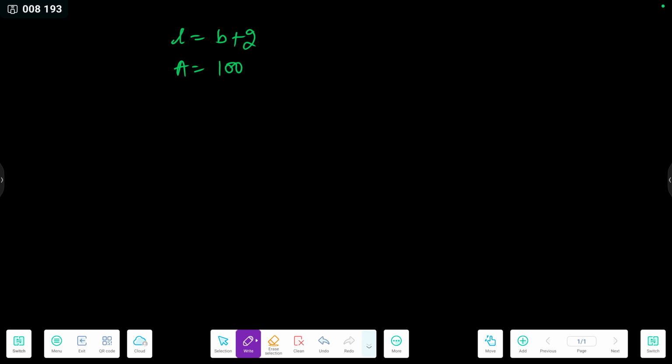I don't know exactly what is the length and what is the breadth. What is the area of a rectangle? Let's say this is one field. L into B.